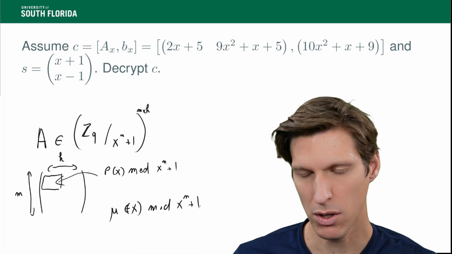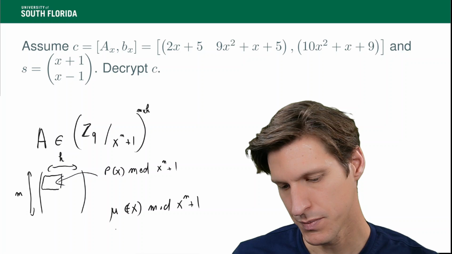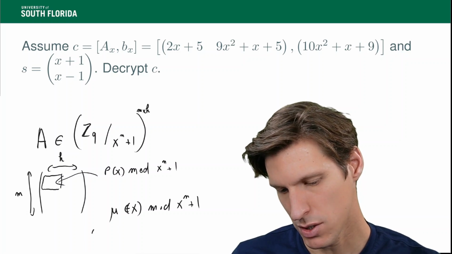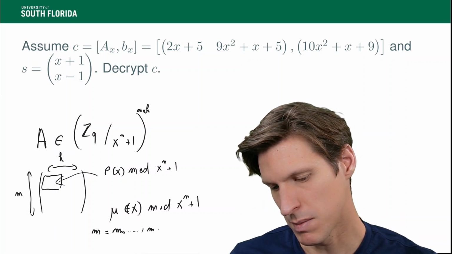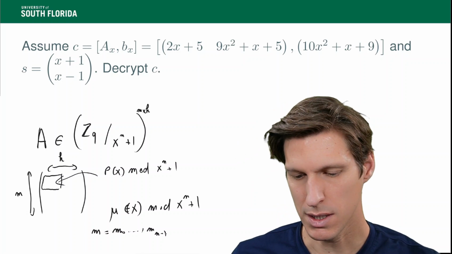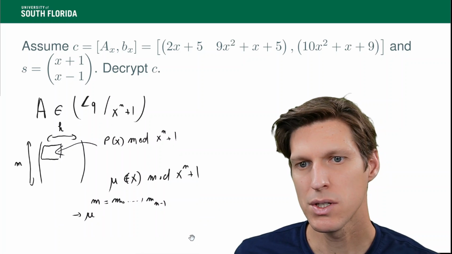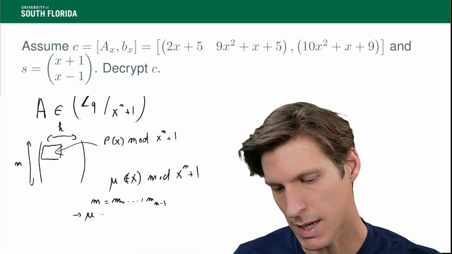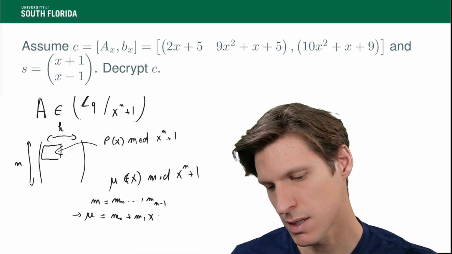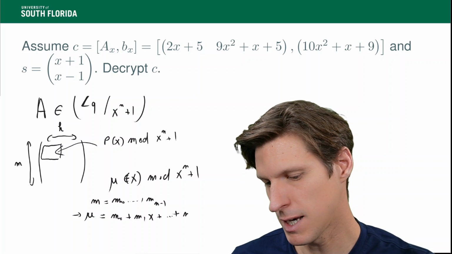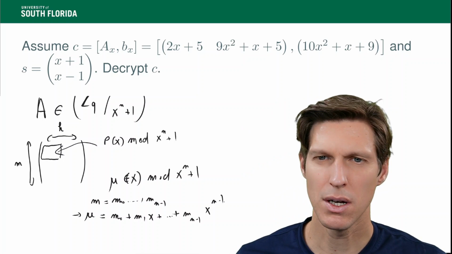Each entry of that polynomial is 0 or 1, so your message is m_0 through m_(n-1), and it's going to be encoded in mu as m_0 + m_1 x + and so on + m_(n-1) x^(n-1). So this is what your message looks like.